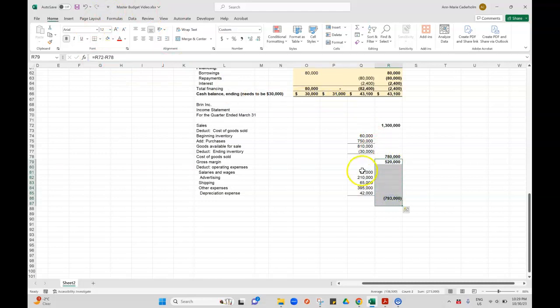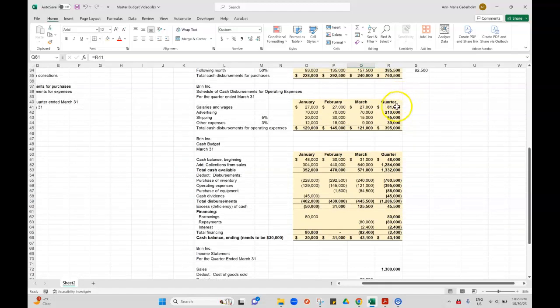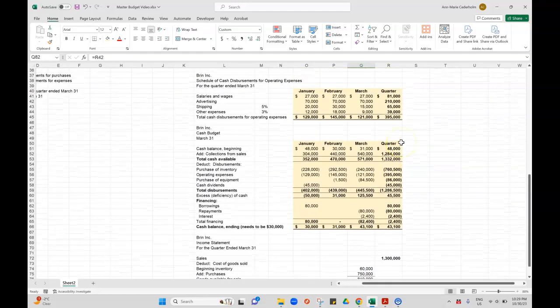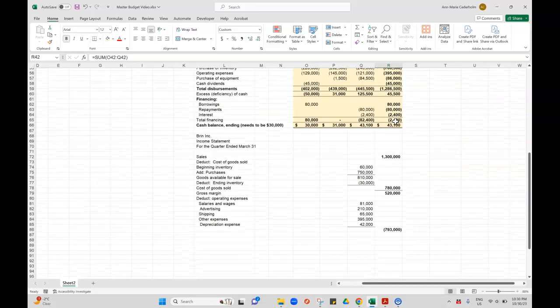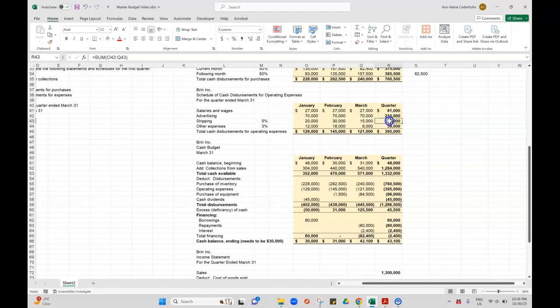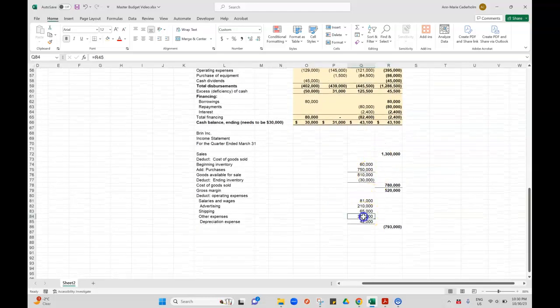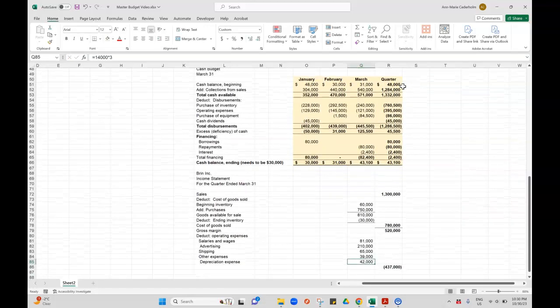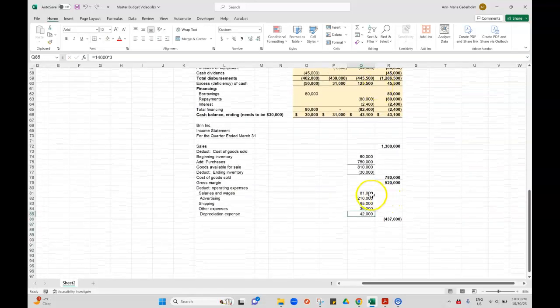Let me just go back and check these numbers. Okay, so 81,000. Here's the 81. The advertising is 210, which I agree with. Then the shipping is 65 and the other expenses is 39. That's weird that that came down like that. Oh, I grabbed the total instead. I don't know how I did that. There we go. So now that looks better.